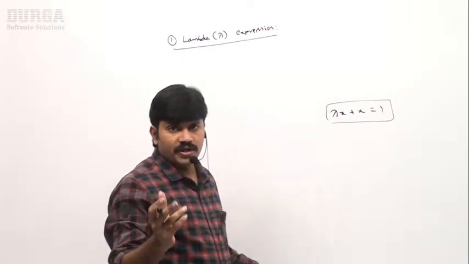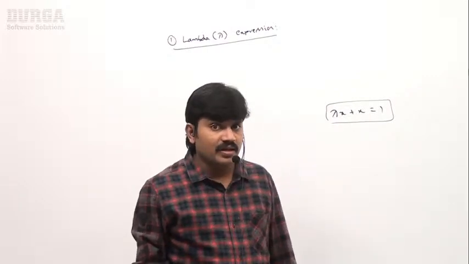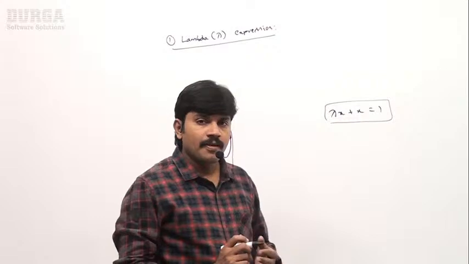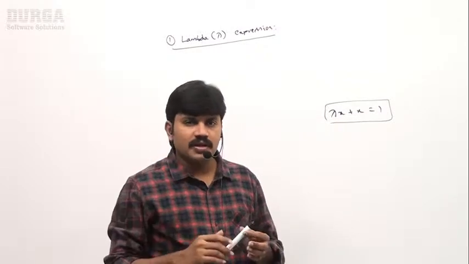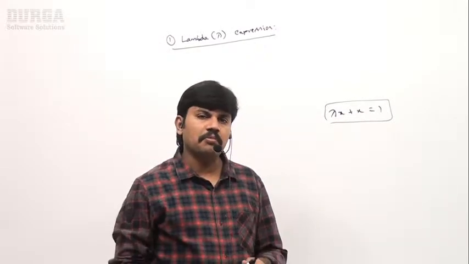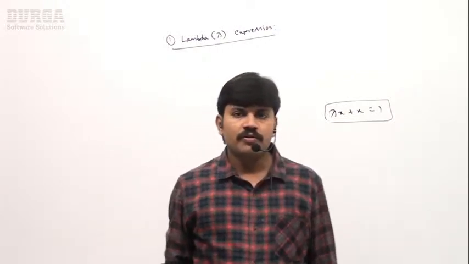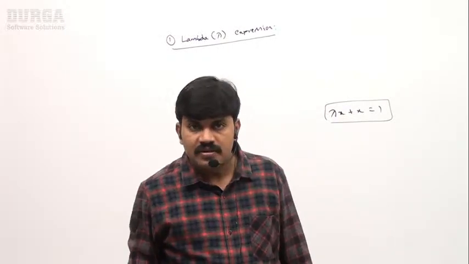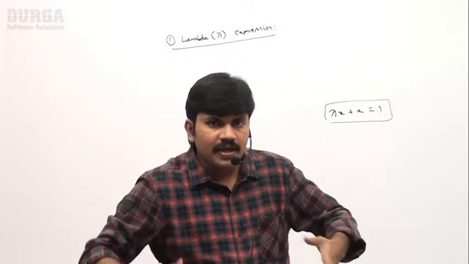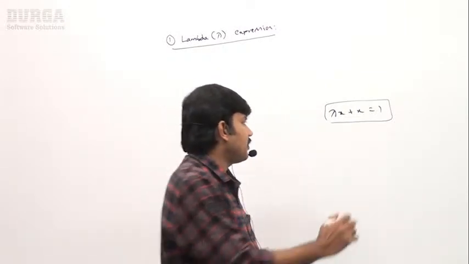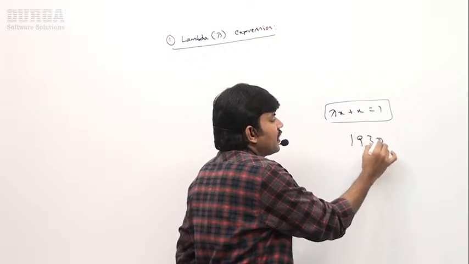Sir, like in our mathematics, we used predicate calculus, integral calculus, and next lambda calculus. This lambda calculus concept, lambdas, was a big change in the mathematical world. Forget about programming, sir. Whenever mathematics is concerned, lambda calculus was a big change. This happened in the 1930s, I hope.